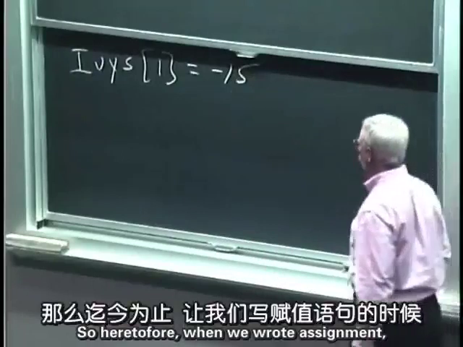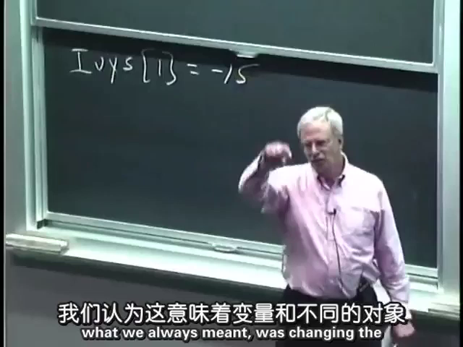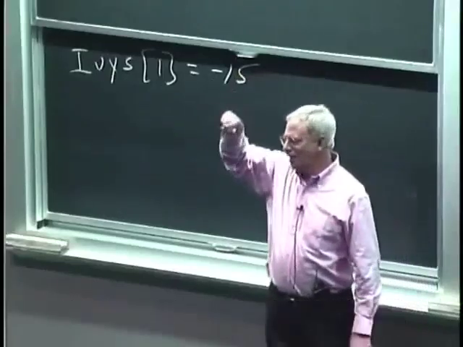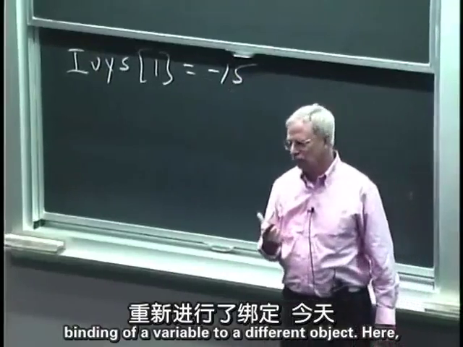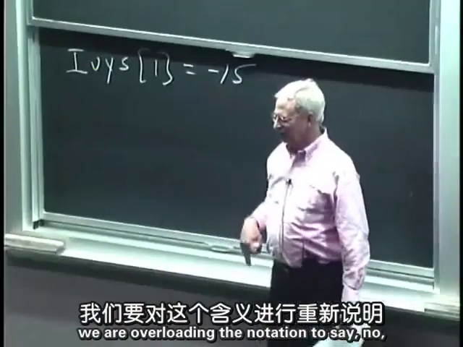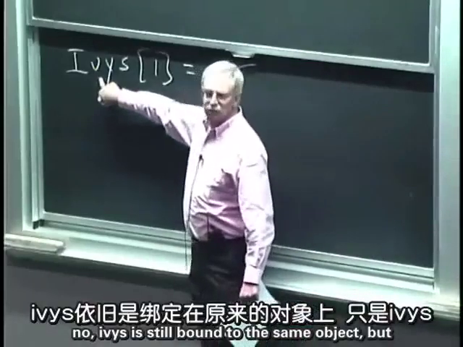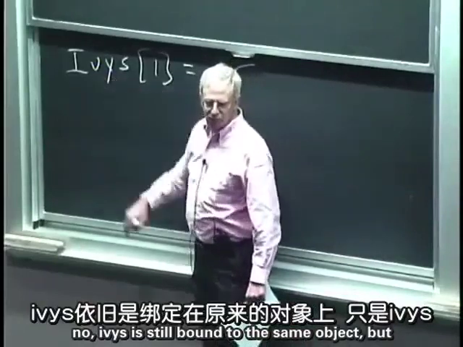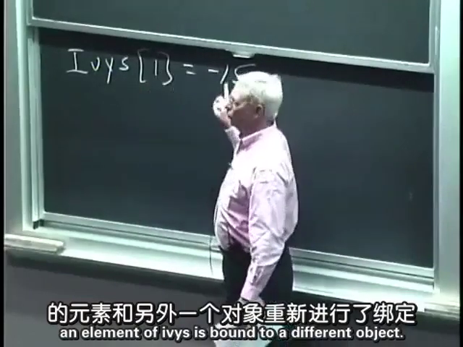So heretofore, when we wrote assignment, what we always meant was changing the binding of a variable to a different object. Here, we are overloading the notation to say, no, IVs is still bound to the same object, but an element of IVs is bound to a different object.